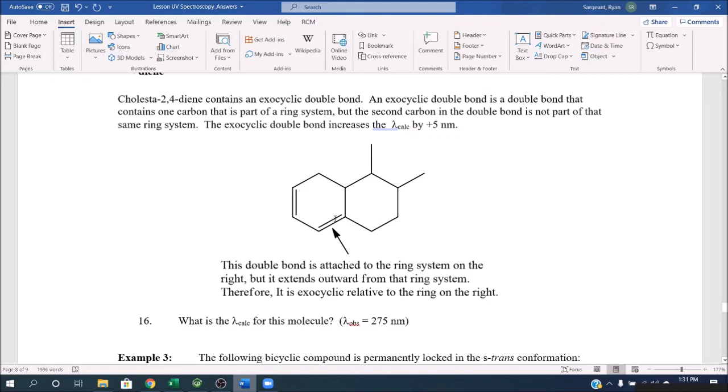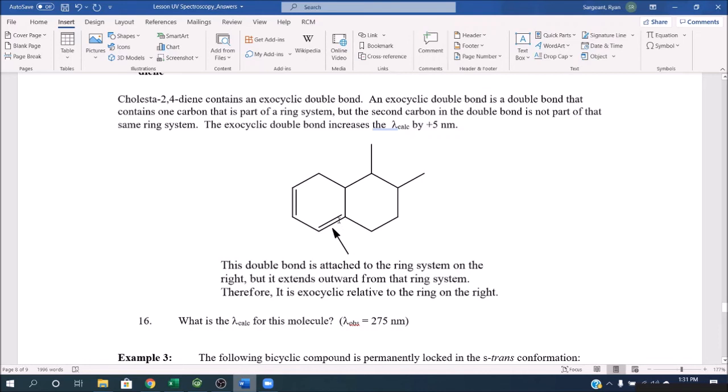And so that makes this an exocyclic double bond. And you might ask, well, wait, but it does start and end within this 6-membered ring, and that's true. This pi bond is on that carbon, which is part of this 6-membered ring, and it ends on that carbon, which is still part of that same 6-membered ring. So it's not exocyclic relative to this ring, but it is exocyclic relative to that ring.